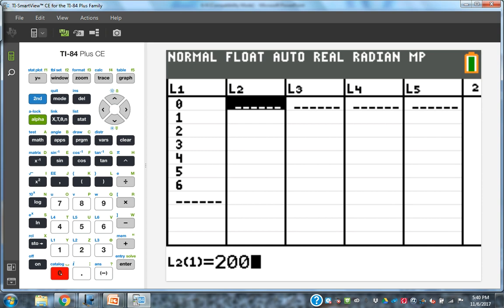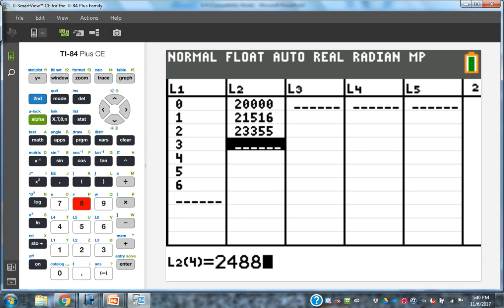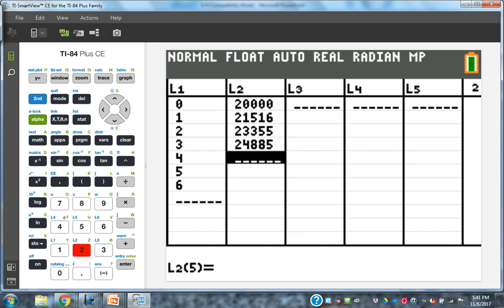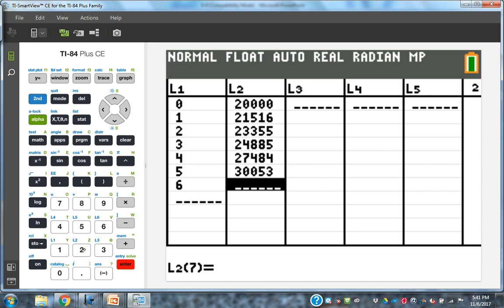20,000, 21,516, 23,355, 24,885, 27,484, 30,053, and then 32,622.